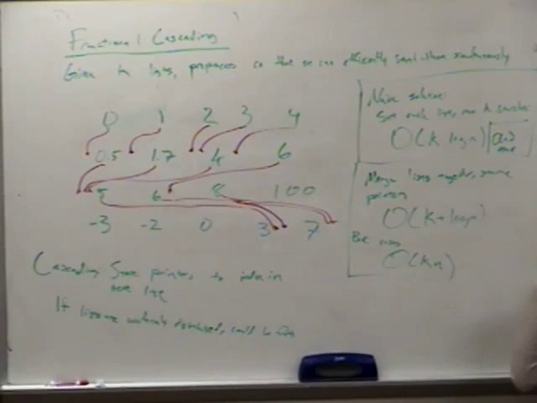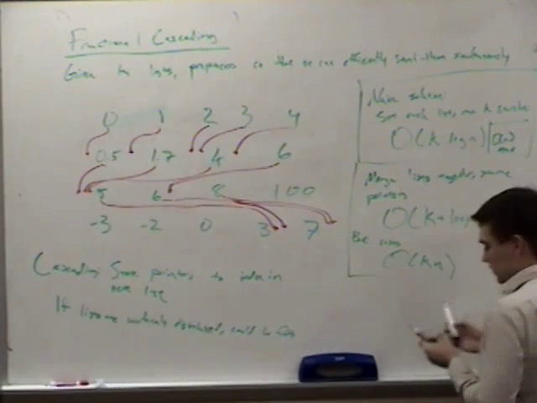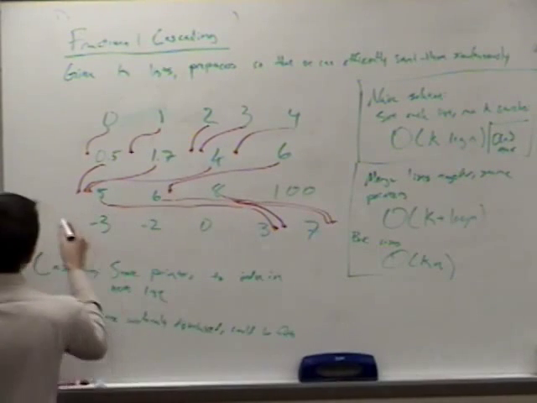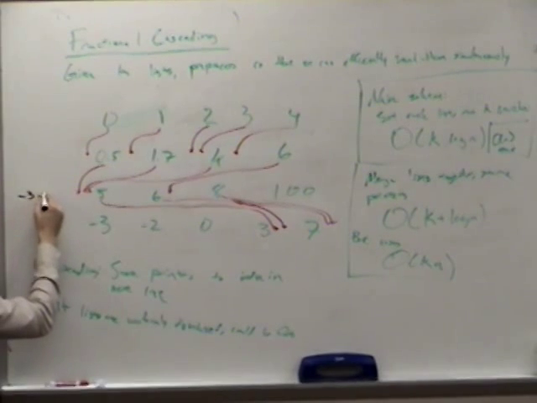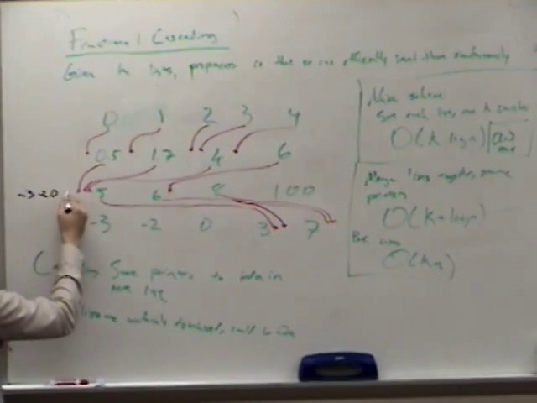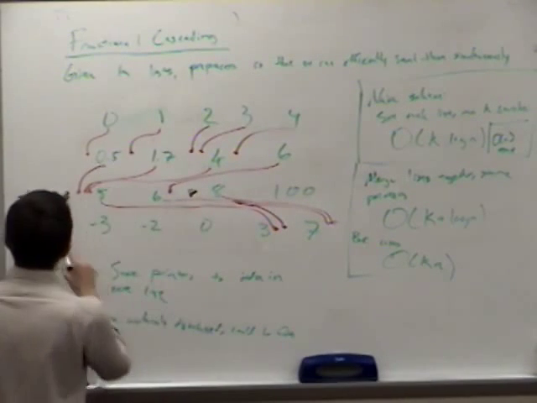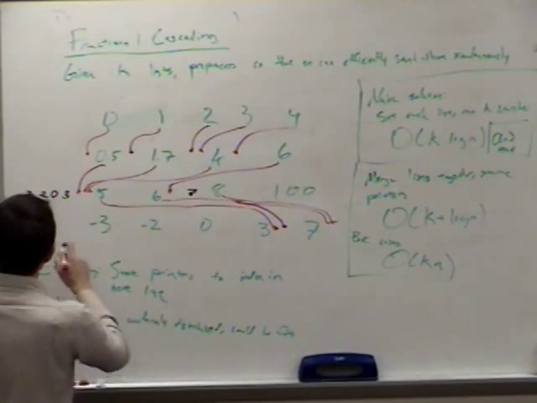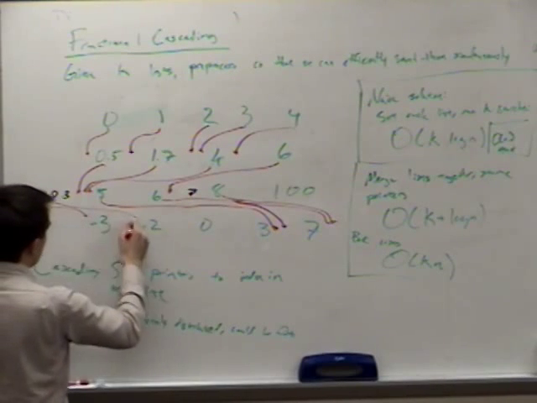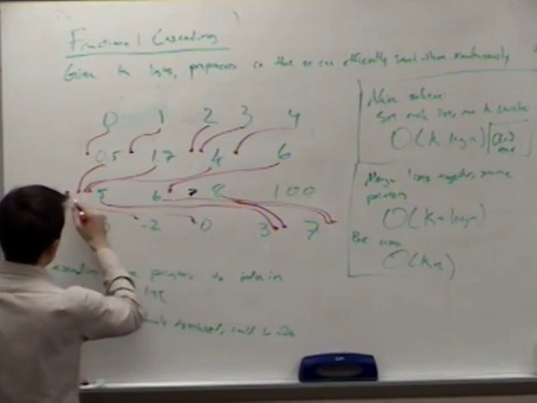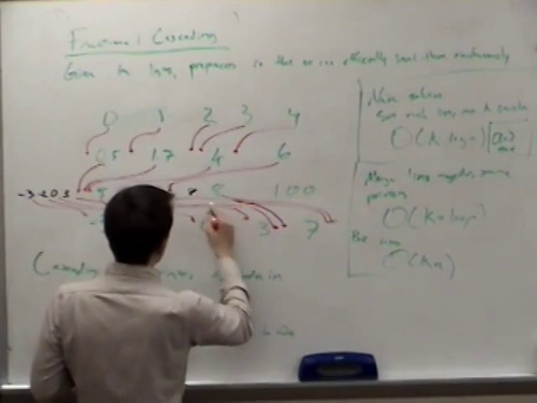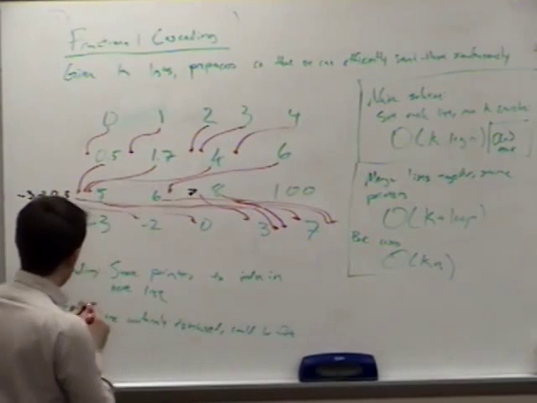Yeah, that one looks OK. So here's what I'll do. I'll store these elements here, -3, -2, 0, 3, and then 7 goes there. And then these are all going to store their own pointers to themselves.